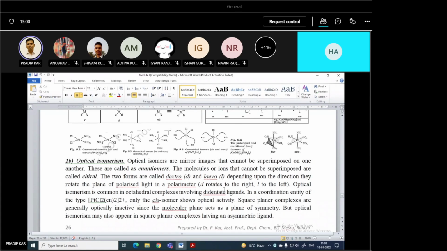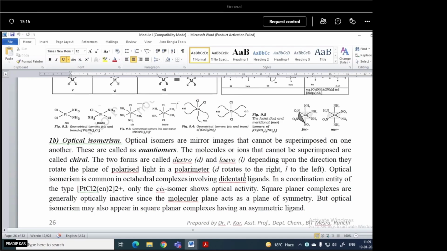Only the direction, or sign, is different, like a clock rotating right-handed and the other left-handed. We use dextro for rotation towards the right and levo for the left, written d and l, or D and L.